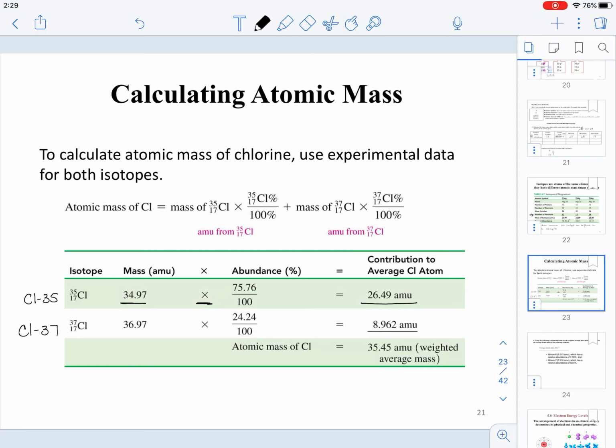In this one, we only have two. Then, as a last step, you're going to add each of the contributions that each isotope has, and that's what is going to give you the final answer for the weighted average mass for a particular element. So understand that this final value is going to be very close to what you find in the periodic table for a particular element.